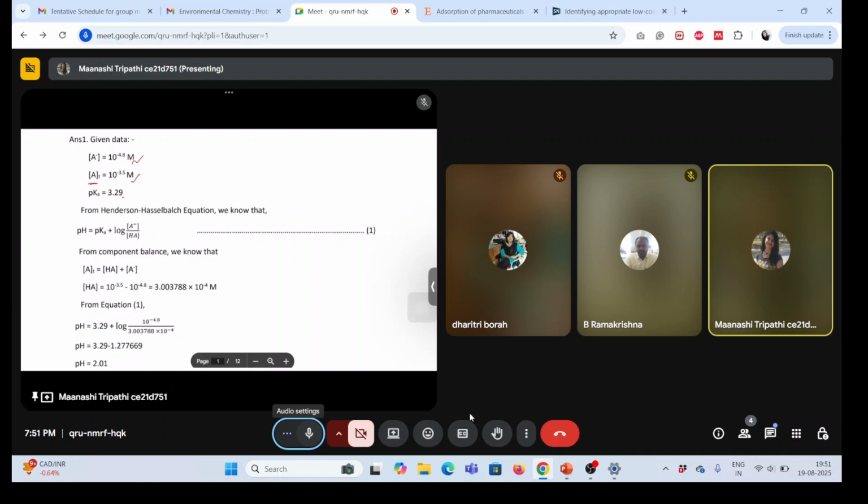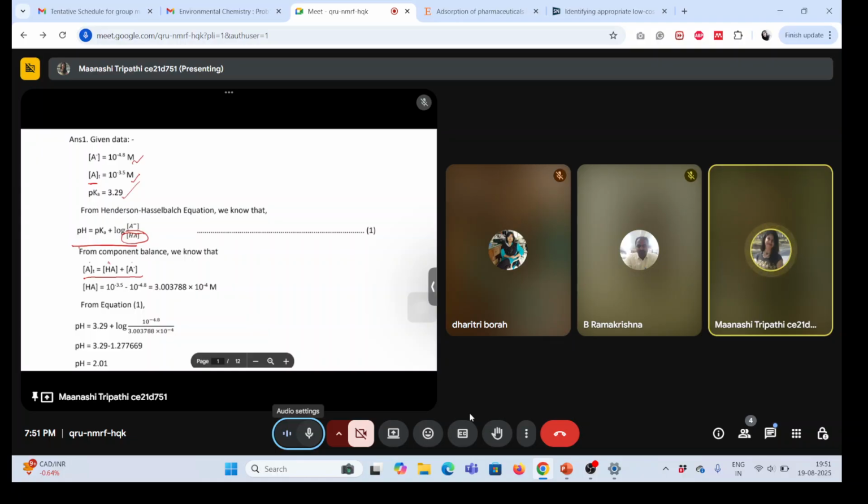pKa we know, and this is the Henderson-Hasselbalch equation. Here we do not know HA, which is important for finding the pH. We know from the component balance that AT is equal to HA plus A negative. These are the species and these are the components required to form that.